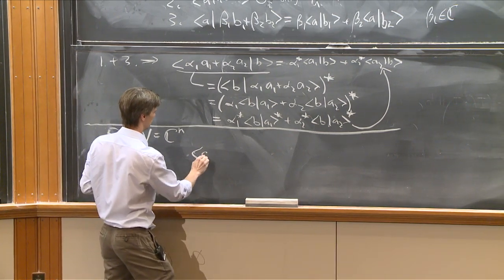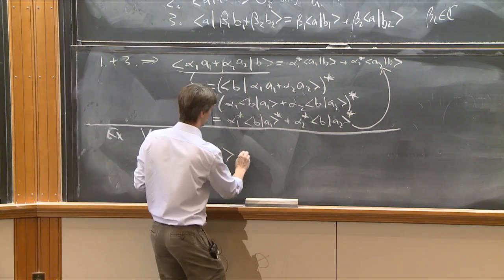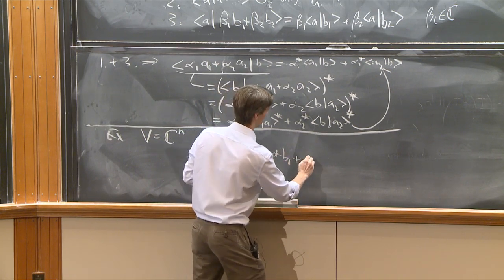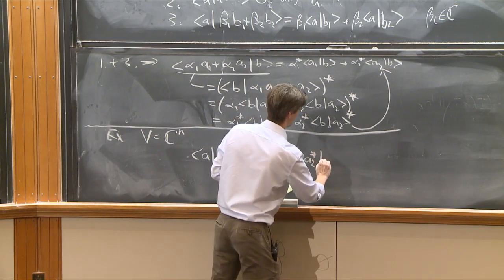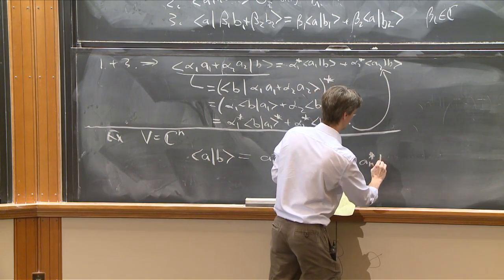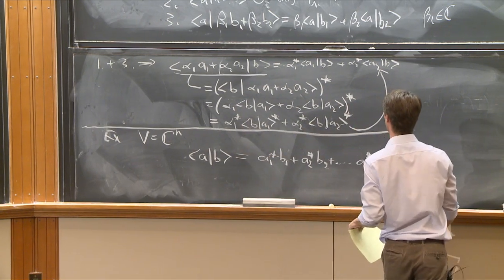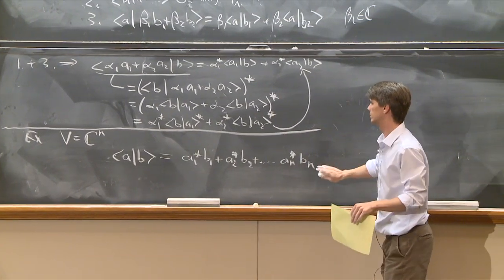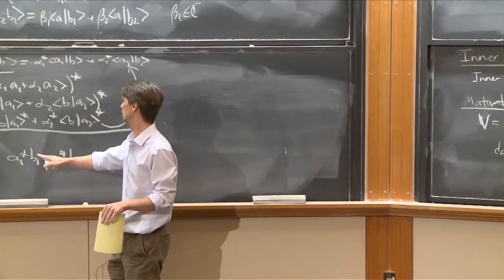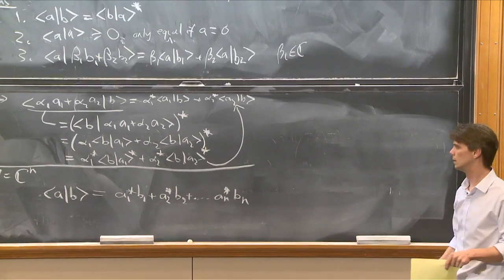So A and B are elements of Cn, and this is just going to be A1 star B1 plus A2 star B2 plus AN star Bn. Right, so the only difference from our dot product in real vector space is that we've put these complex conjugates here. And that, you can check, satisfies all of these axioms. Okay.